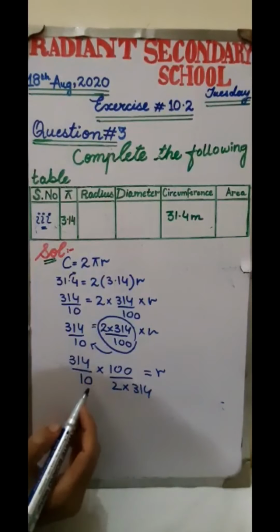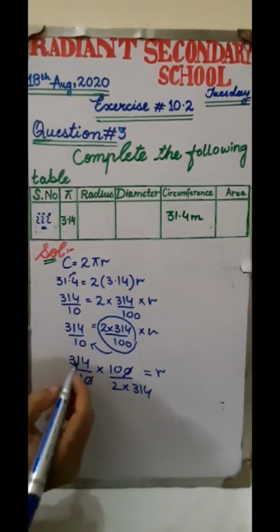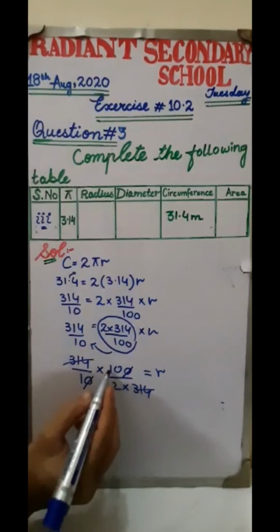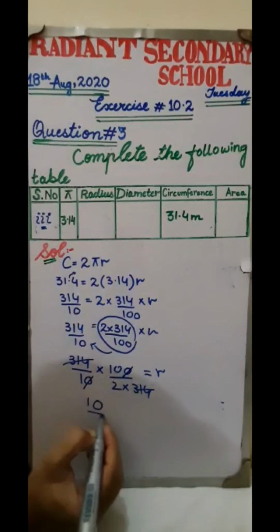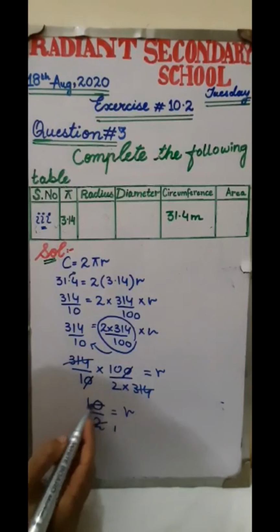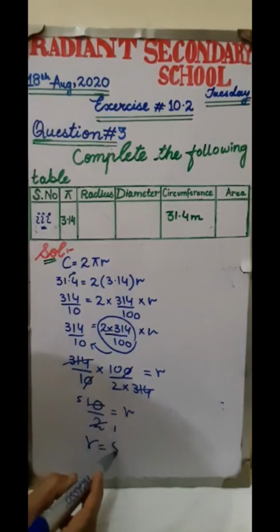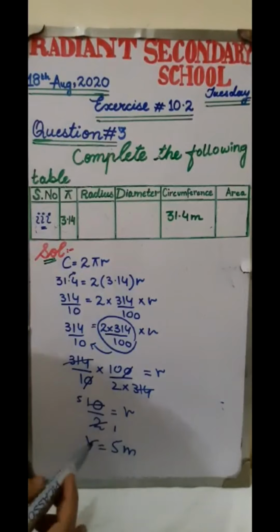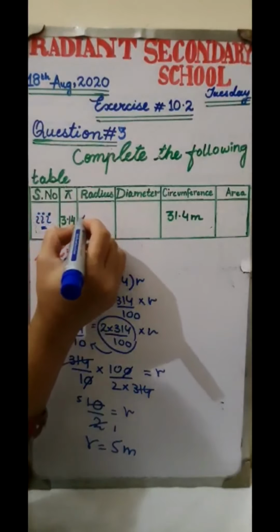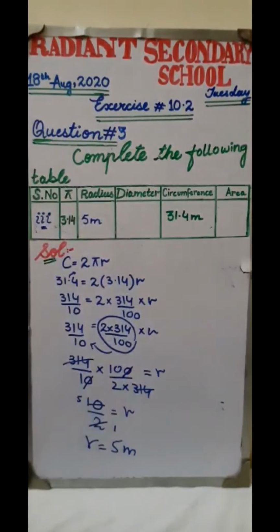Now this 0 can be cut with this 0 and 314 can be cut with this 314. Here 10 by 2 is remaining, equal to r. Now 2 ones are 2, 2 fives are 10. So here our r will become 5 and its unit will be meter. So the radius we have found is 5 meter. You have to write it in the table, 5 meter.